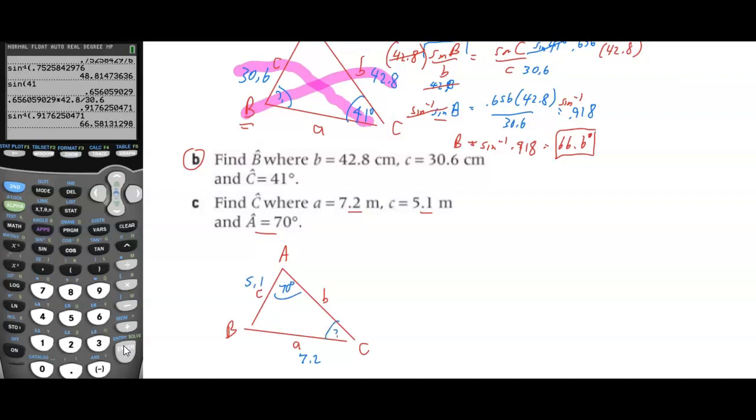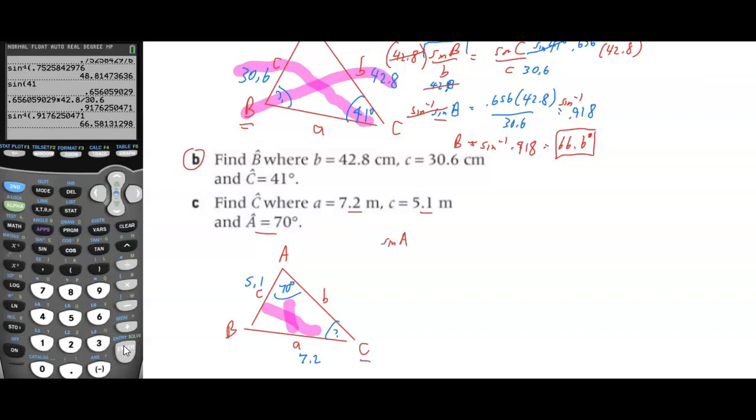So we're going to have the A to A pair, and we're going to have the C to C pair. Okay, so we want to know capital C, so we're going to put the capital letters on top.